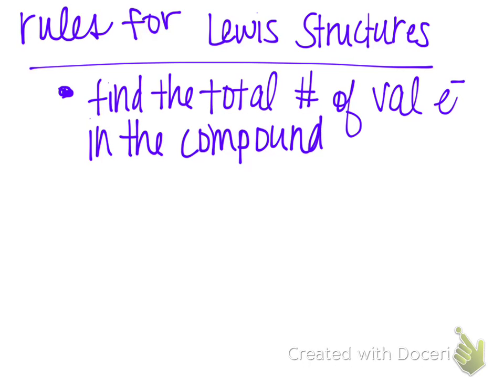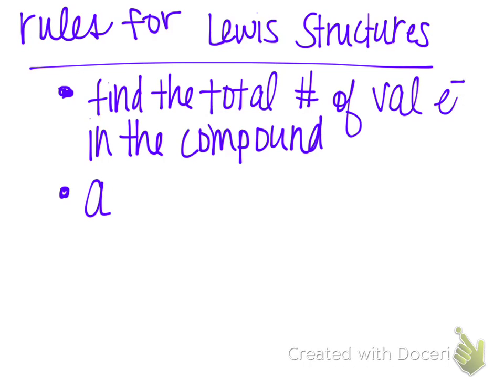When we added up carbon and the 4 chlorines to get 32 electrons, we did that later on. That should really be your first step. Whenever we're given a compound, the first thing you do is find the total number of valence electrons, the outermost. So that's rule number 1.